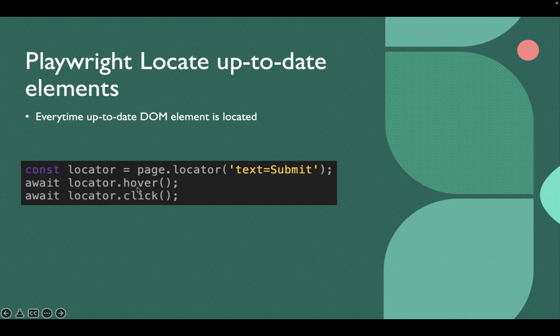The first time it will be located before the hover action, and the second time it will be located before the click action. This means that if the DOM changes in between the calls due to re-render, the new element corresponding to the locator will be used. With this technique, you should not get a stale element exception like other automation tools.